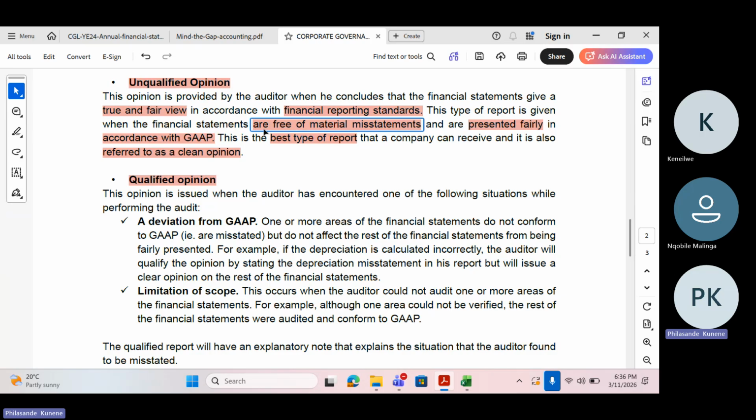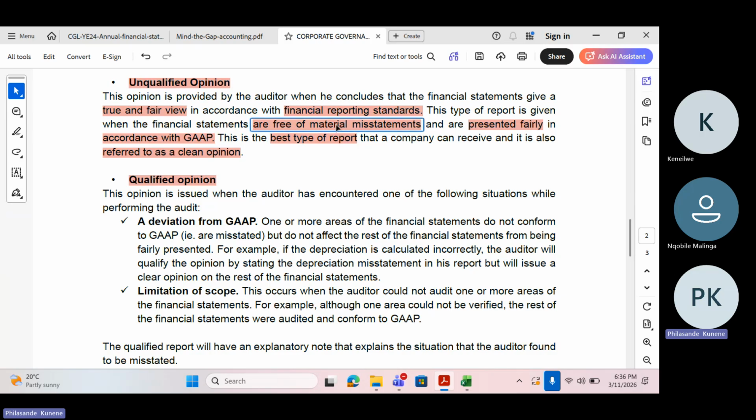That's why they're saying here, if they didn't want any error, they would say the statements are free of misstatement, which means any misstatement. Even if it's 1 rand, you must not even make a mistake of 5 cents. In accounting, we round off numbers. I can round off to the nearest rand, someone else to the nearest cents, and the numbers will be different.